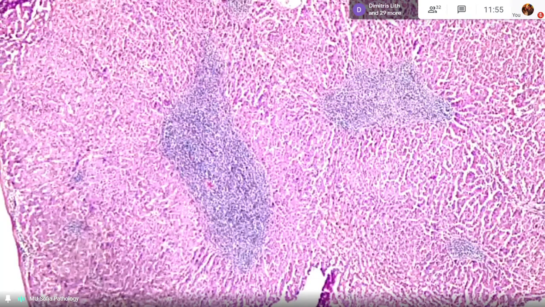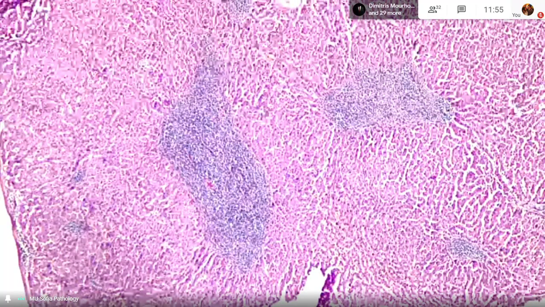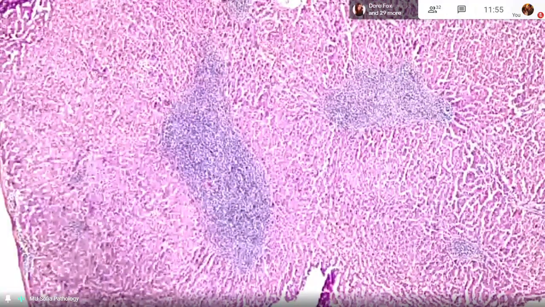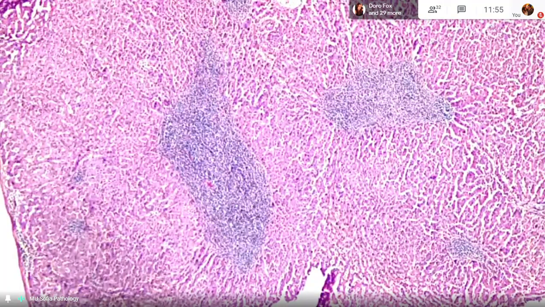So when you find the leukemic infiltrates predominantly located in the portal tracts, then you can diagnose CLL. Starting with the low magnification, this is your approach.